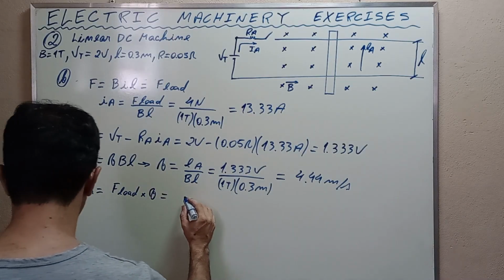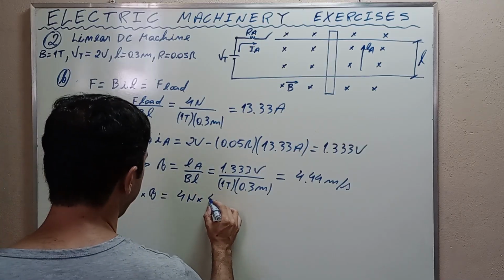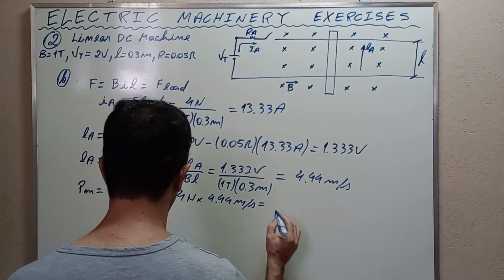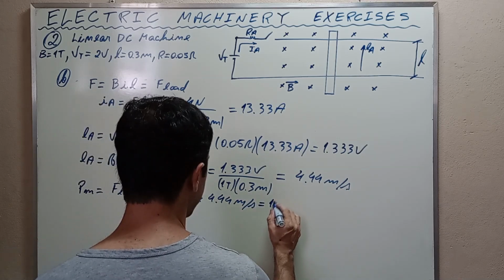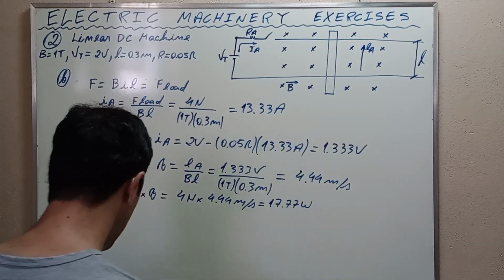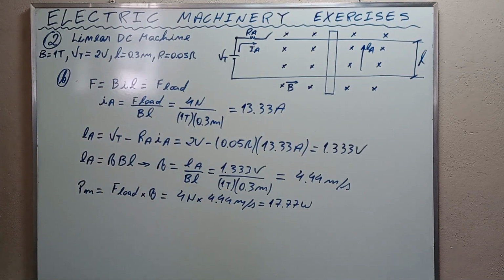So it is 4 newtons times 4.44 meters per second, and this is equal to 17.77 watts.